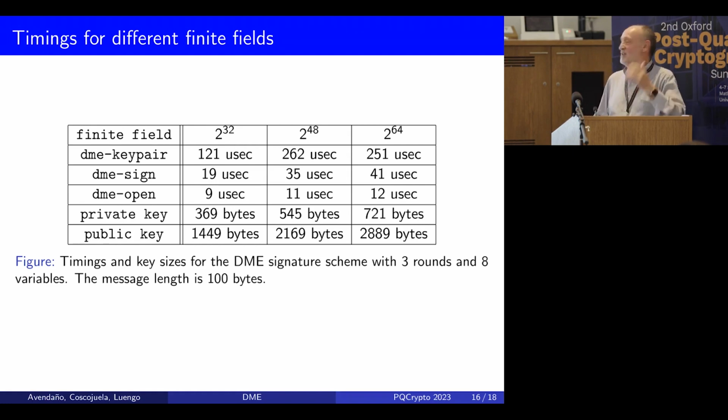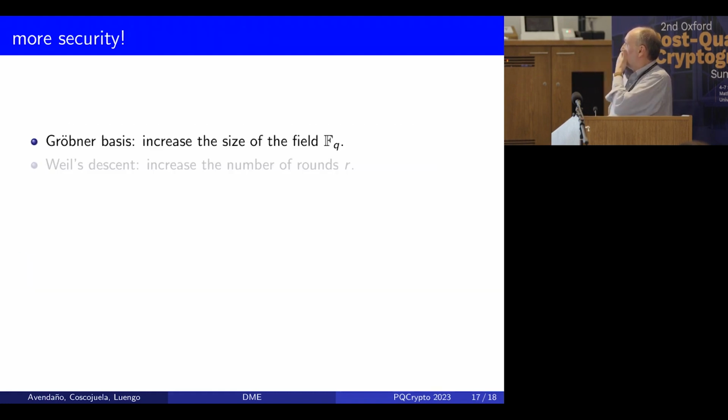In fact, these were my last slides. Two days ago there was a question mark on more security: we were asking ourselves whether we can have more security, but because of the attack, now it is an imperative. So now we must have more security, of course.